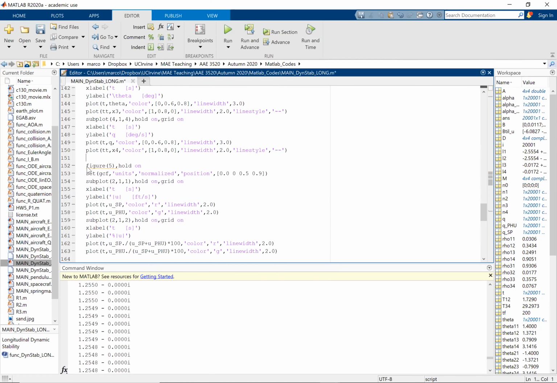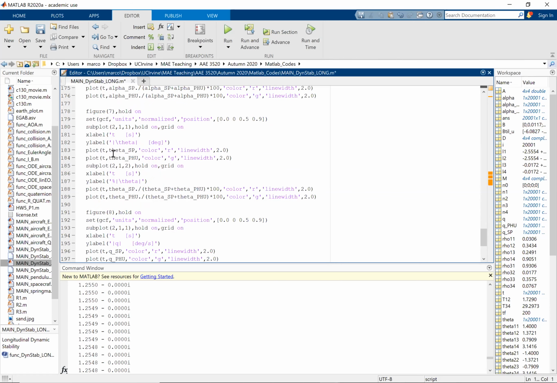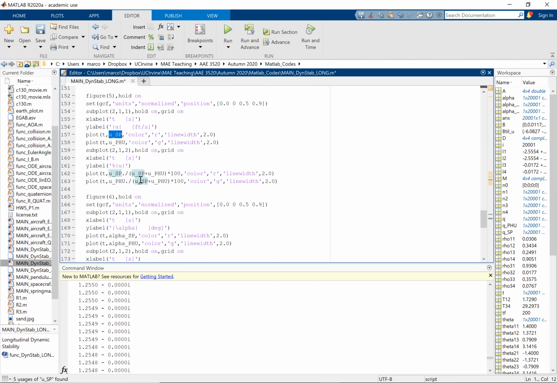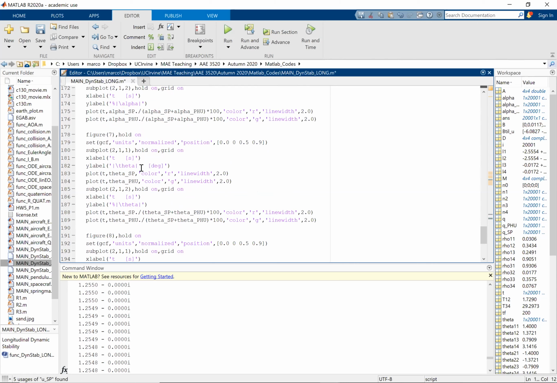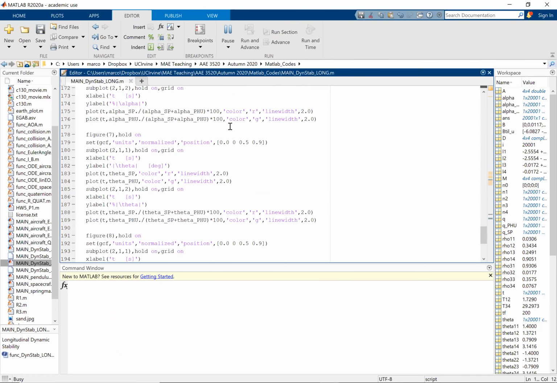Then here from figure 5 through 8, I've plotted the states in terms of the contribution due to the short period mode and the phugoid mode. What I showed you earlier was just the angle of attack, but I did it for all 4 states. So we can see that.